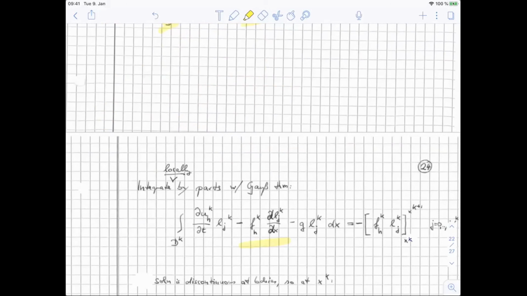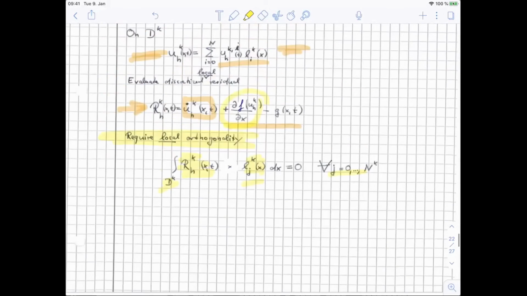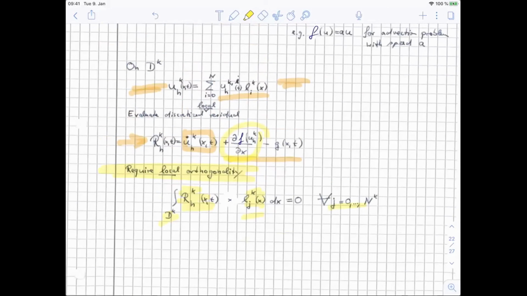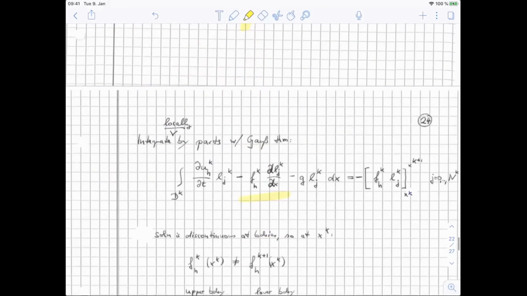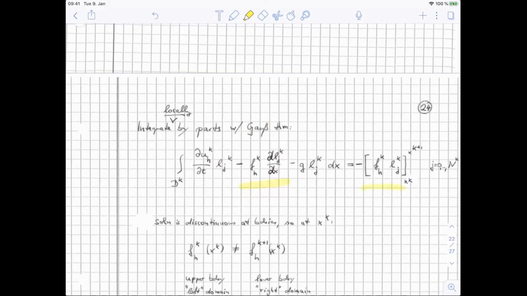The derivative has been moved over onto the basis function we are integrating against. And we get a boundary term, which contains the flux times the basis function at the lower and at the upper boundary of the element we are working on.